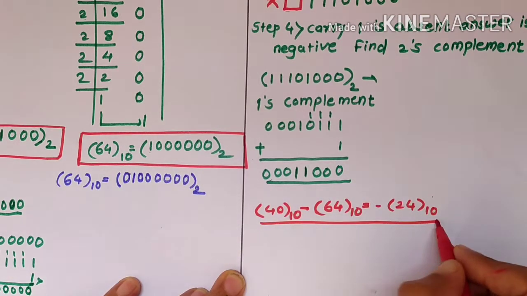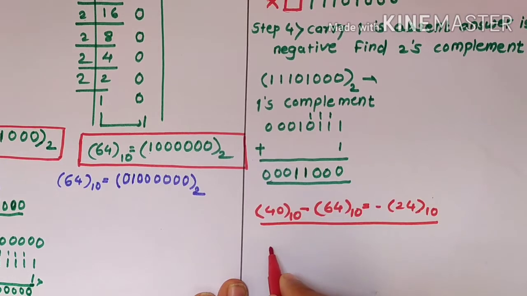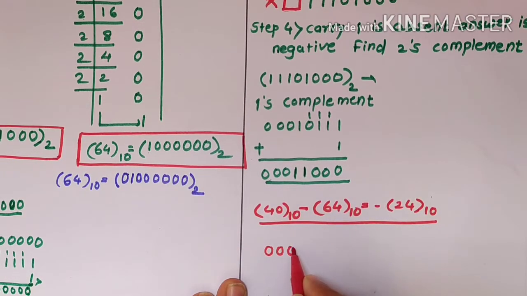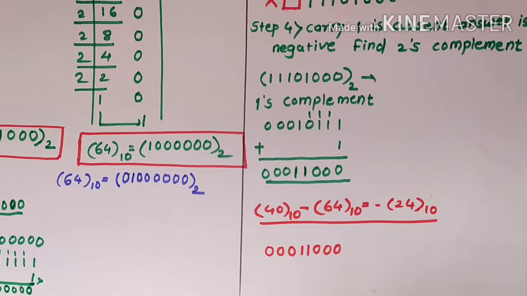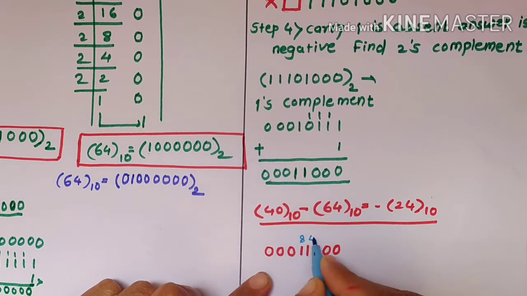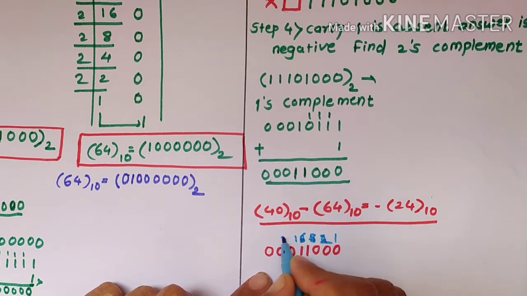How can you identify this answer? In this answer, the data is given 00011000 by using 8421 code. By using 8421, see here: 8421 16 32 64.